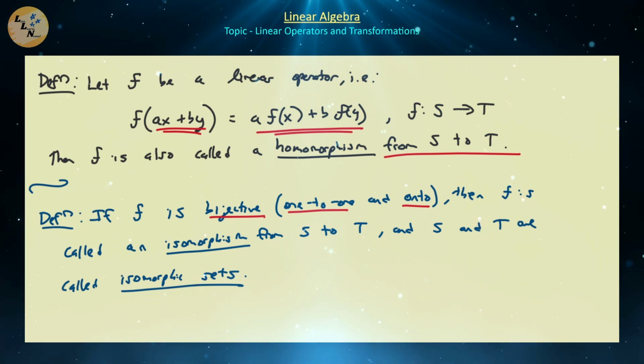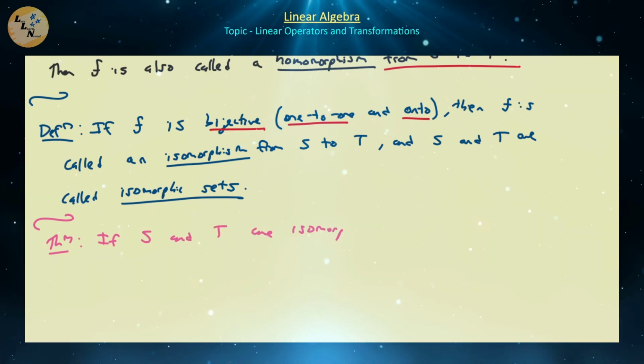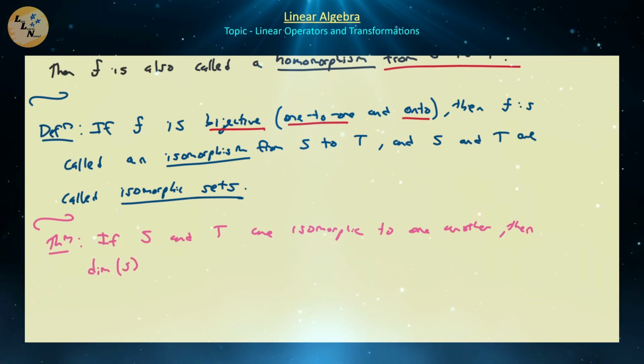There's a very important theorem about isomorphisms and isomorphic sets, and that's the following. If S and T are isomorphic to one another, i.e. there exists an isomorphism from S to T, and hence there exists an isomorphism from T to S as well, and we call that the inverse linear transformation of f, then the dimension of S is equal to the dimension of T, where, of course, those are the typical definitions of dimensions from vector spaces.